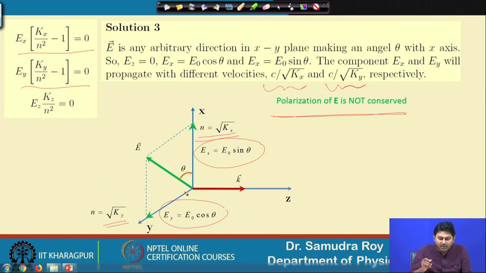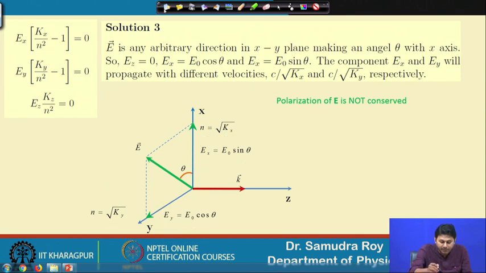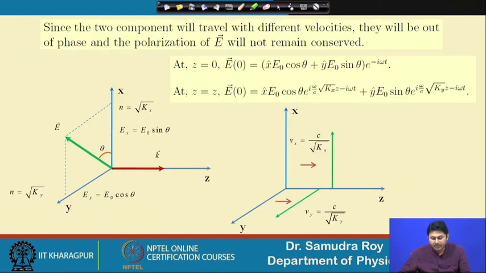So, the velocity of the two electric field components will not be the same, it will be different. If this is the case, then one component will travel with a faster speed and another component will be traveling with a lesser speed.